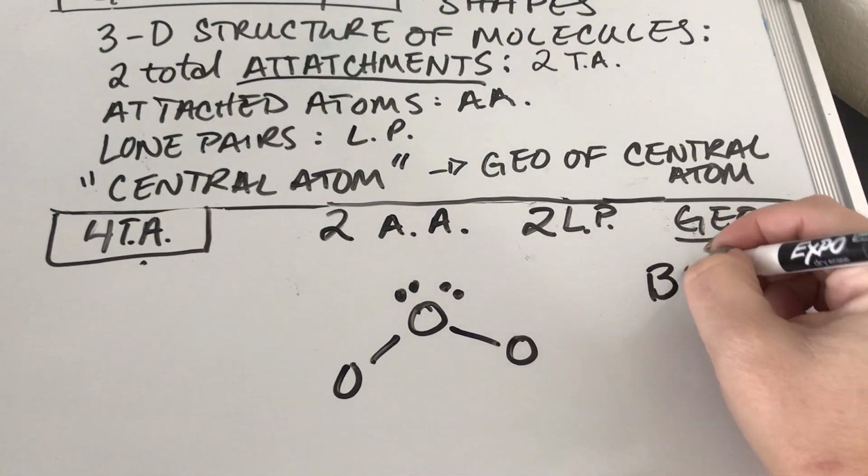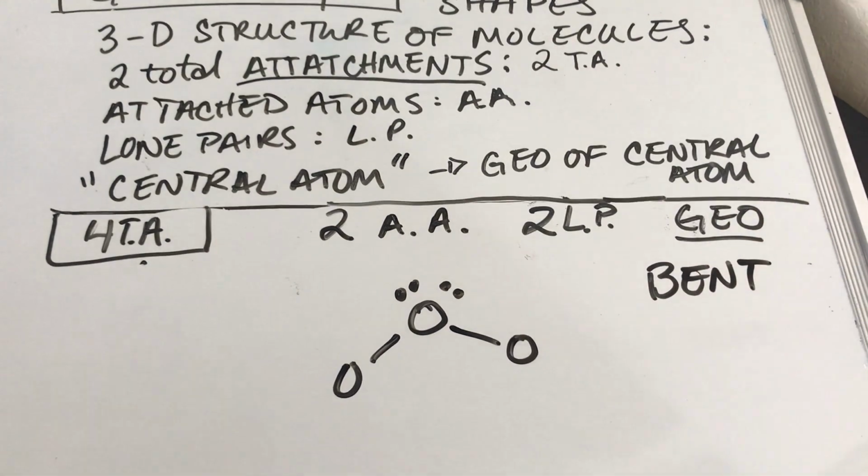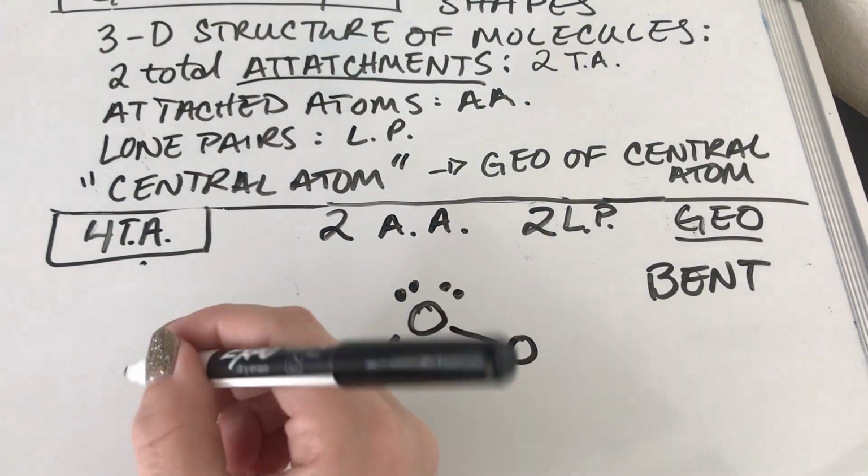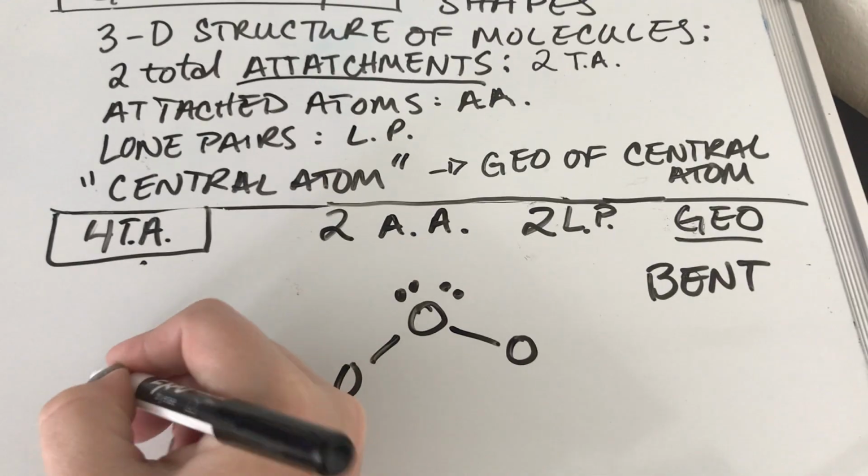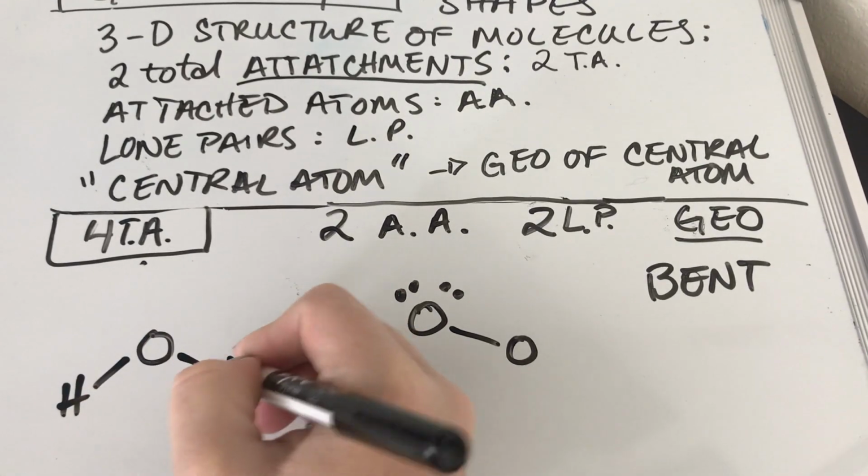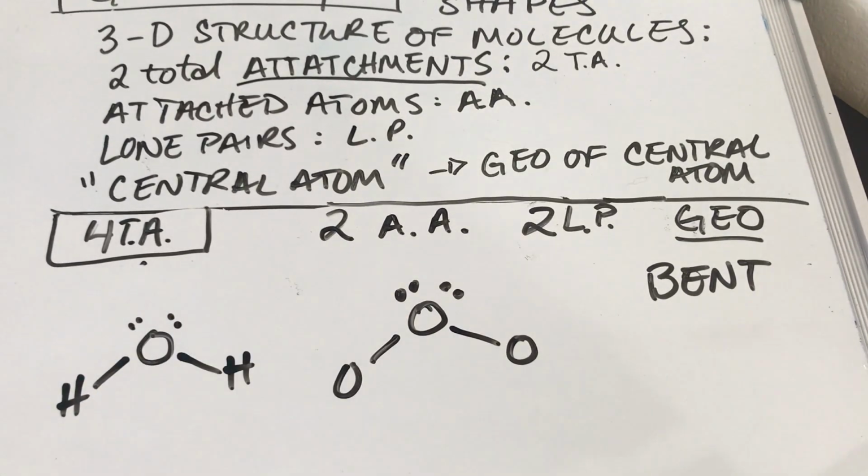This geometry is called bent. An example of a bent molecule would be water.